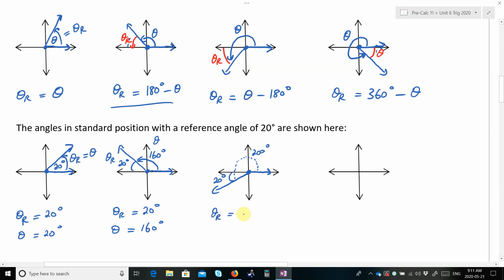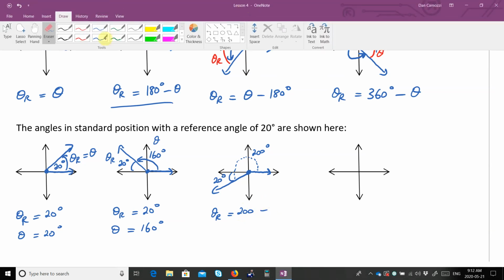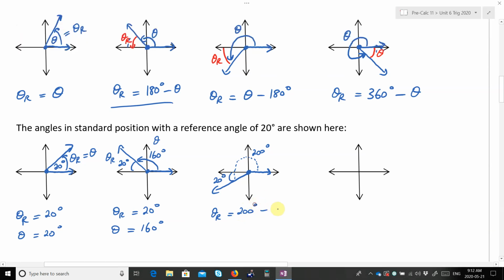Okay, so theta reference is equal to the 200 degrees minus 180, which is 20 degrees, and theta is 200 degrees.